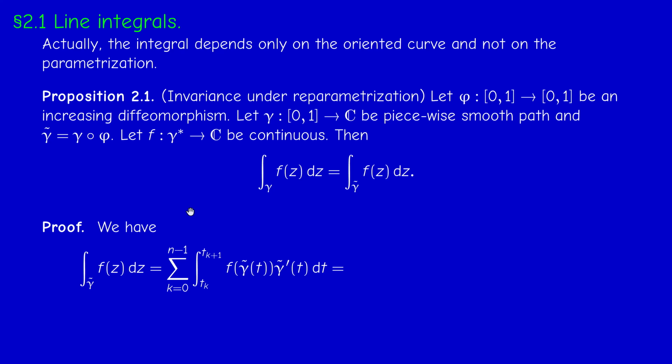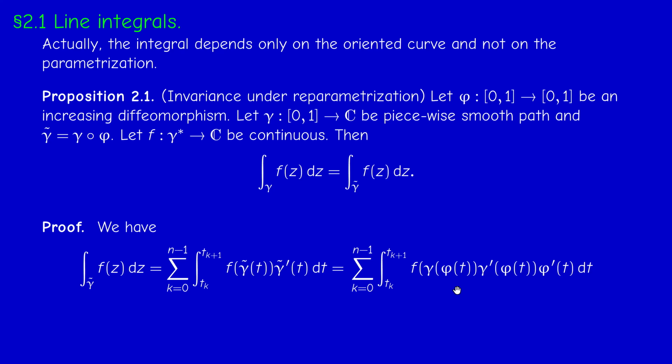So what is the integral over gamma tilde? By definition, it's the sum of all these integrals if we do the splitting as usual. Now you just replace in each integral gamma tilde by its value. Gamma tilde is gamma of phi, so gamma tilde prime by the chain rule is gamma prime of phi times phi prime. This is just the definition.